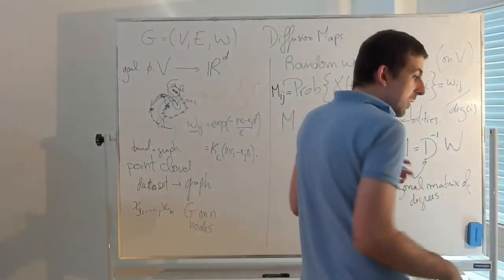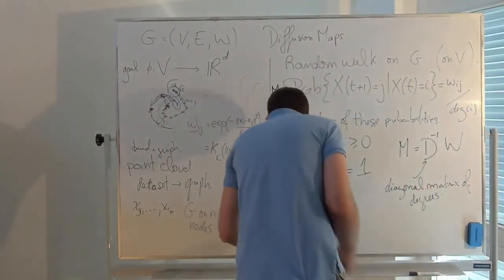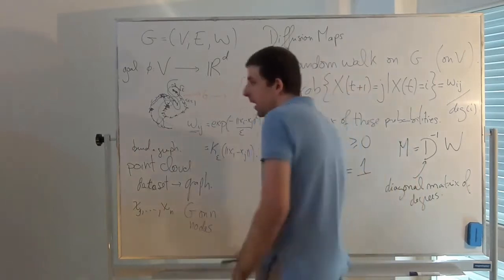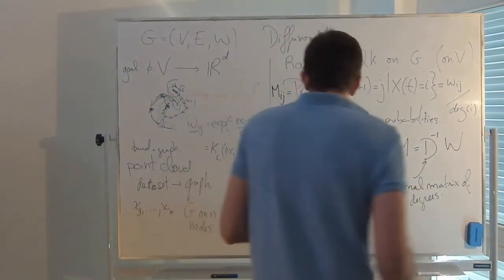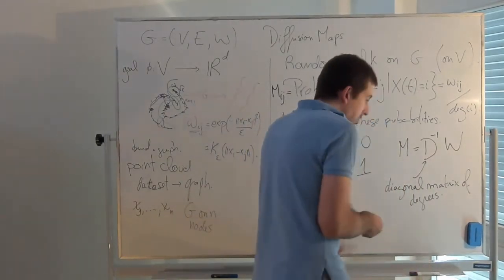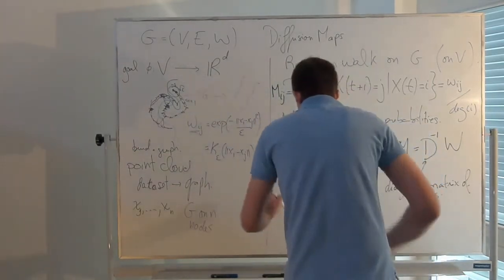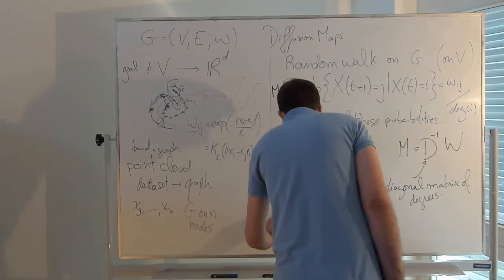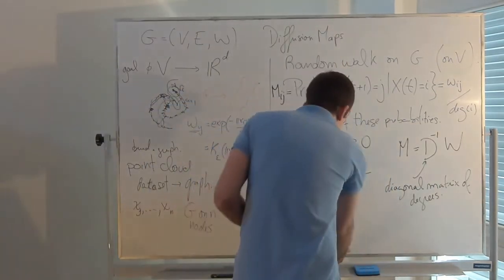So there is a proposition one can prove. I will not prove it here, but this is a very nice homework problem, so I encourage you to try and do it. So maybe I'll switch pens. Okay, so the proposition is the following.